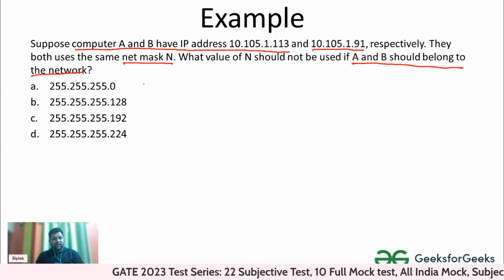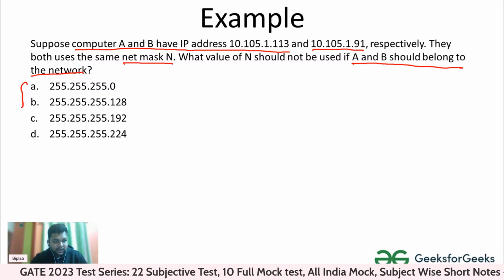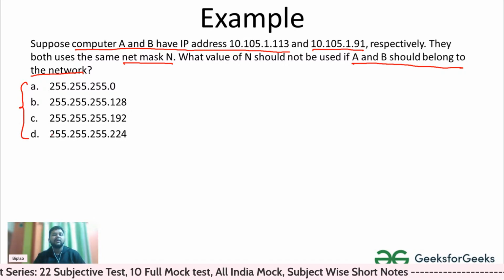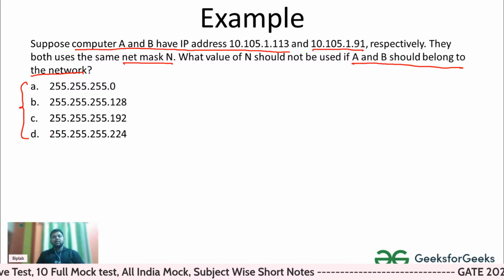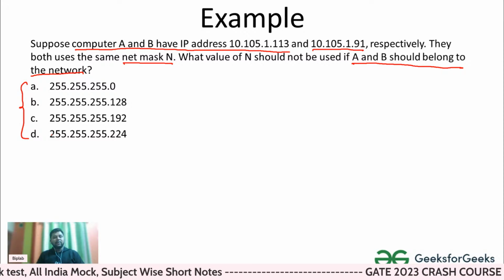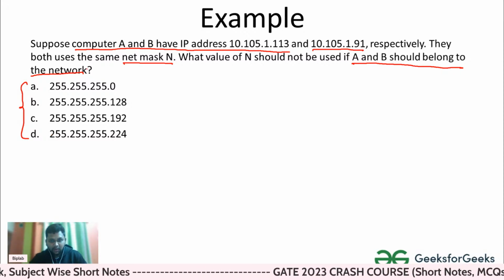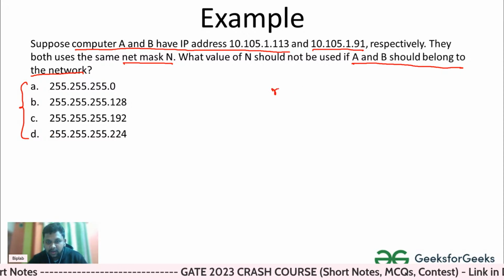Now you have to say which of these options, if used as the subnet mask, gives A and B the same network.